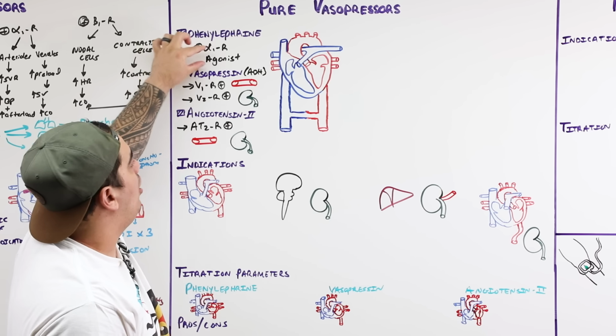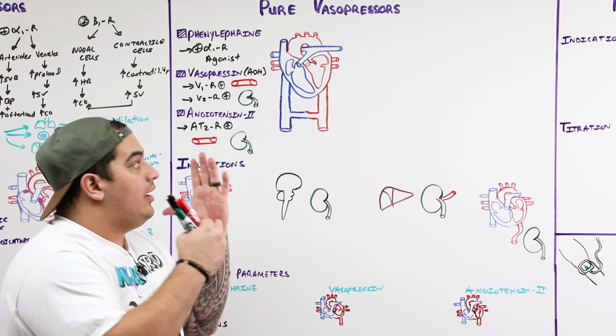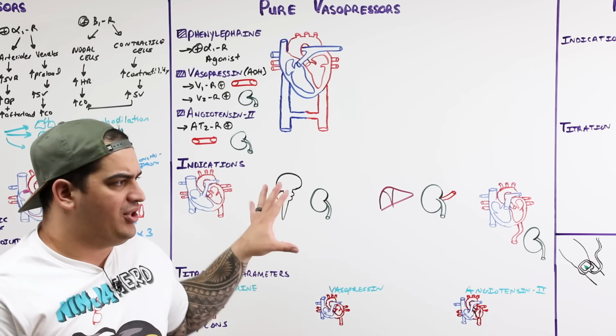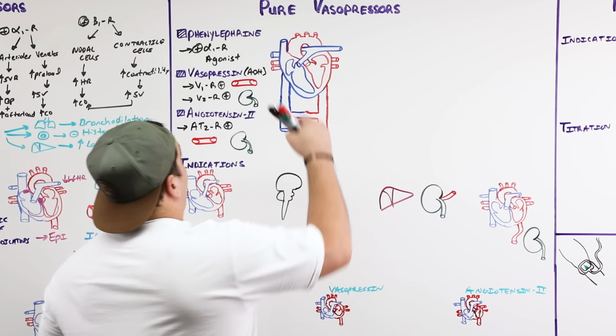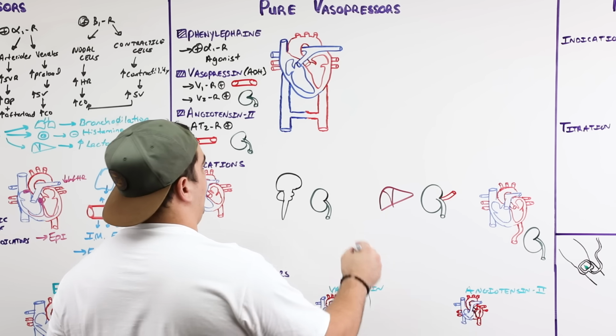Now let's talk about how their action on these receptors helps to augment blood pressure or changes in particular indications. First one, alpha-1 agonist. You should be pros at this by now.